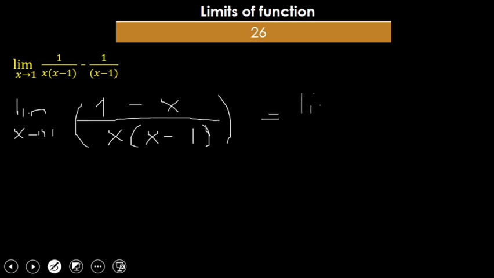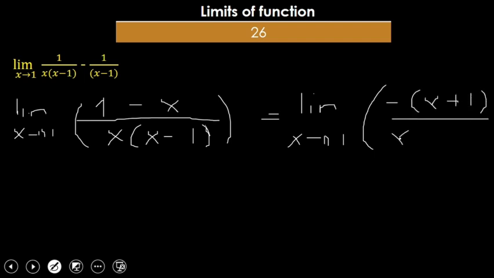That will be equal to the limit as x tends to 1 of minus x plus 1 all over x into x minus 1. So there's minus x minus 1. Sorry for this, I am really tired and making errors at this time.